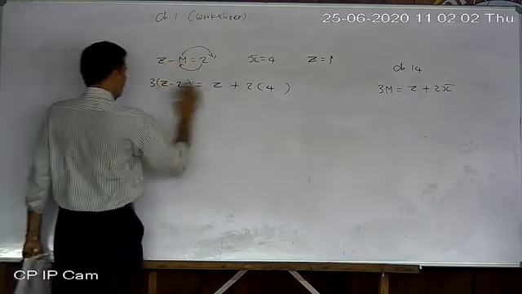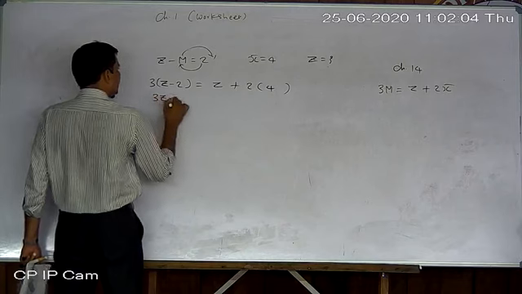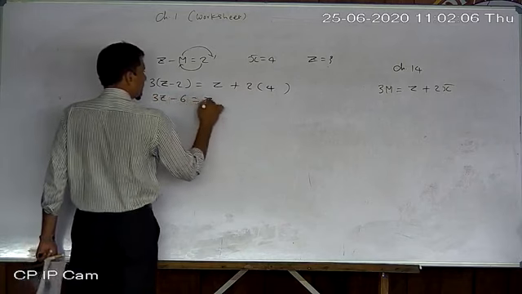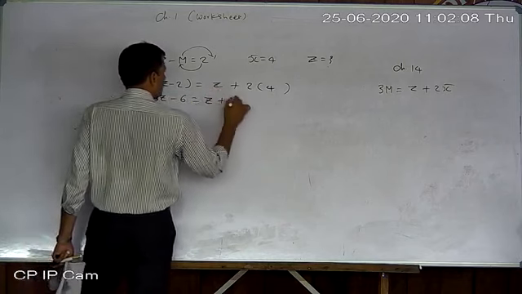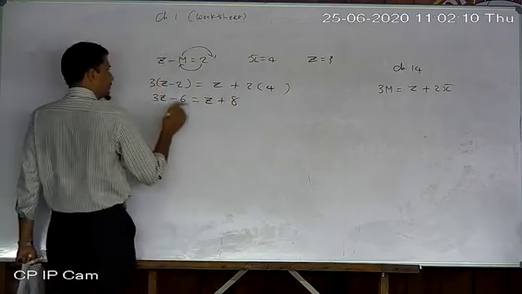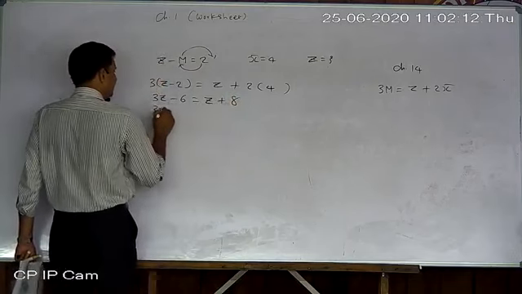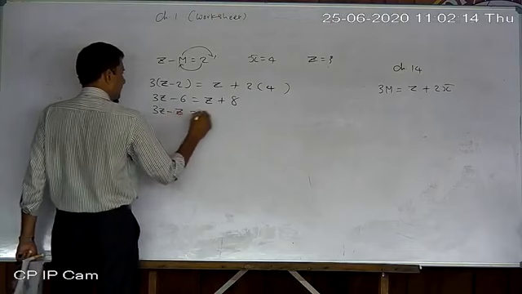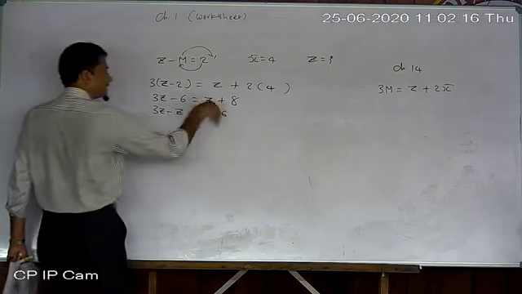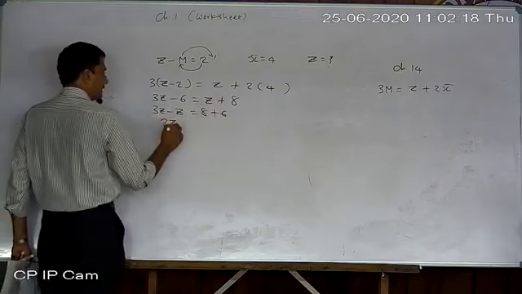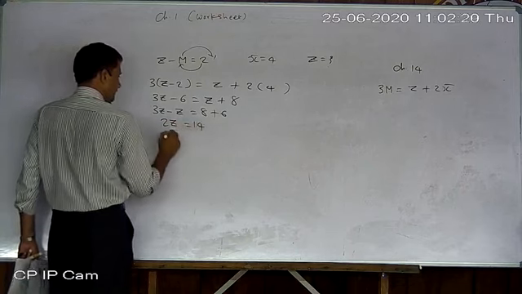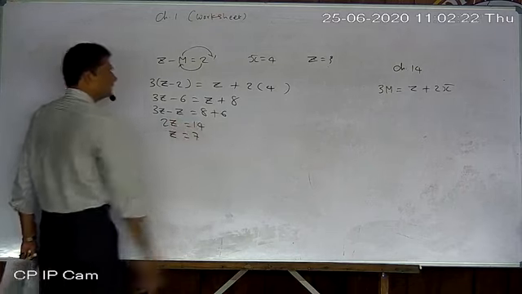Now just solve this one. So 3z minus 6 equal to z plus 8. So 3z minus z equal to 8 plus 6. Okay, shifting. So 2z equal to 14. So z equal to 7.